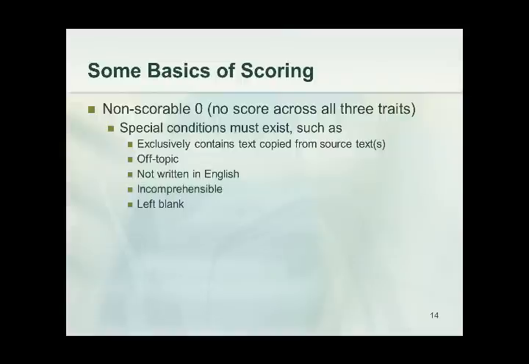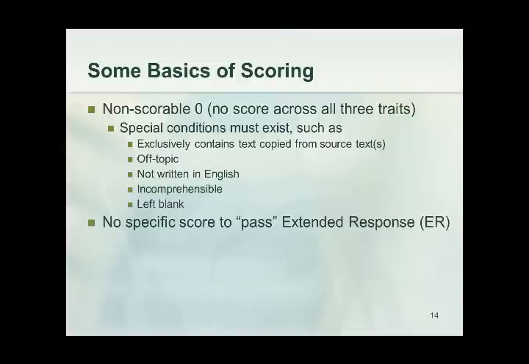That's determined to be a non-scorable 0, as opposed to a scorable 0, which means they did something. Susan and I like to say that a scorable 0 is very similar to the 2 off of the old essay, where it was marginal at best. Just remember that on this new test, the 2014 GED test, there is no specific score to pass Extended Response, but rather the ER score is added to the rest of the RLA test.